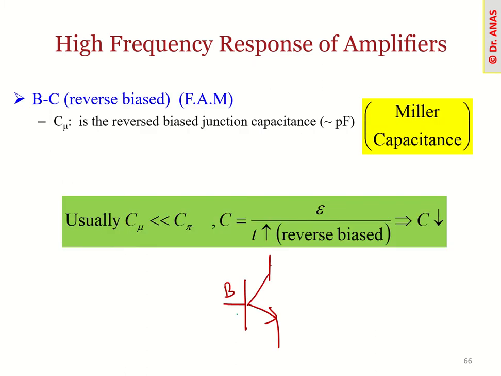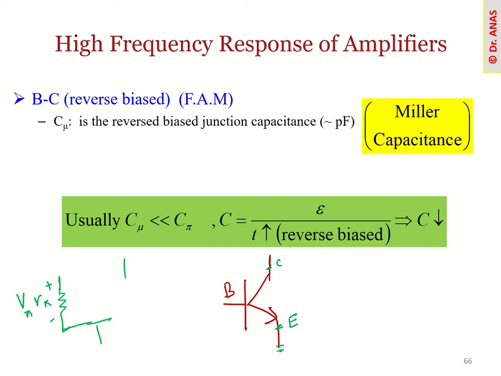So let's say this is a simple BJT. This is the base terminal, this is the collector, and this is the emitter terminal. As I said earlier, we have two different junctions of PN or NP materials. If you remember the simplest model, the pi model of the BJT, we draw it like this: we have our r pi, the voltage drop here is V pi, and the emitter is ground.